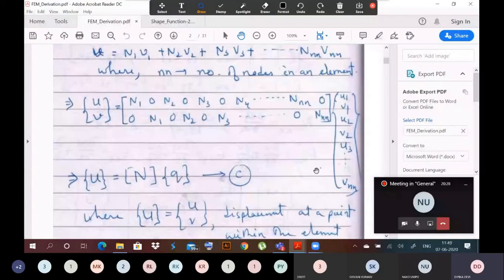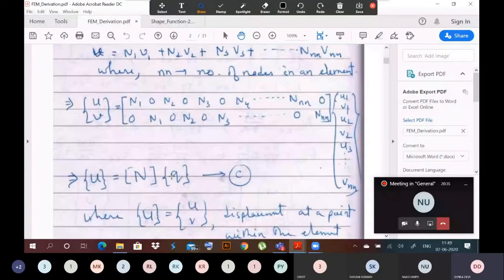Next, using this equation C in the equation B. What is my equation C? This equation, where U is written in terms of nodal displacement and shape function. So if I use this equation in equation B, what was my equation B? This is my equation B. Strain, epsilon xx, epsilon yy, epsilon xy, is equal to this matrix into UV.